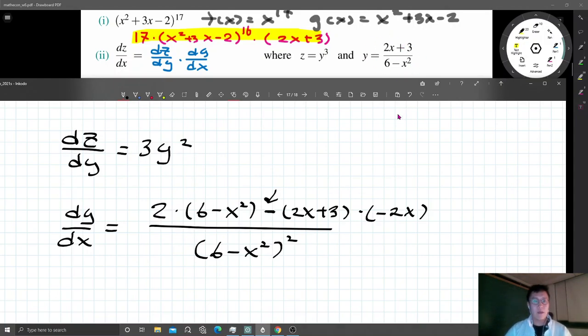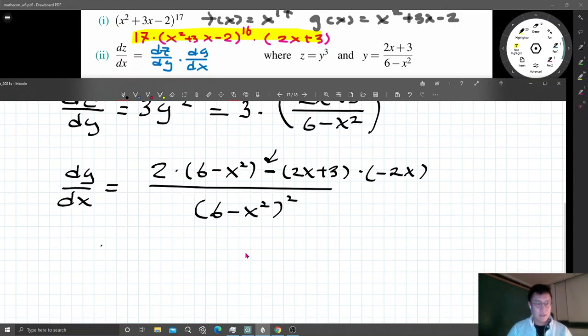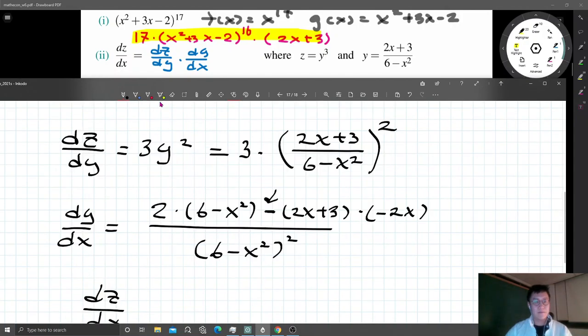So 3y squared is 3 times x plus 3 over 6 minus x squared, raised to the power 2. So consequently, dz over dx is this guy times this one.